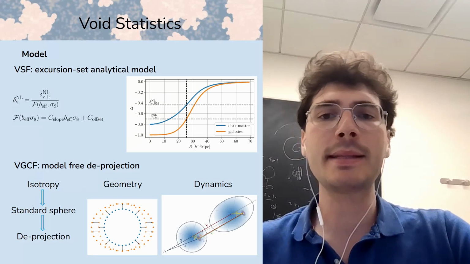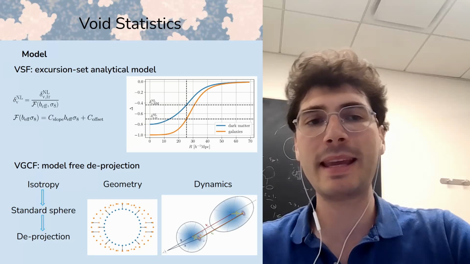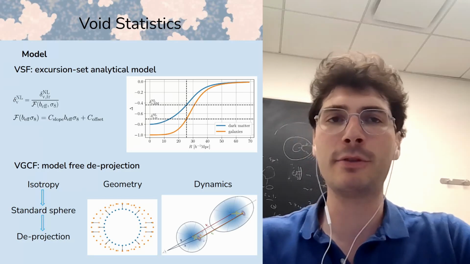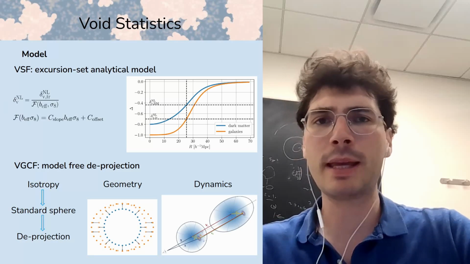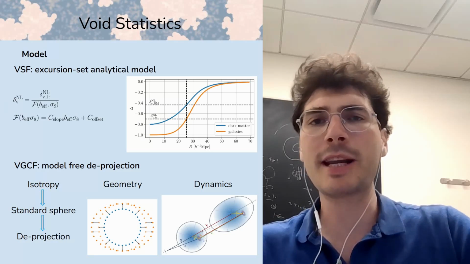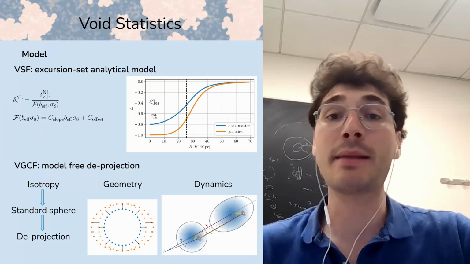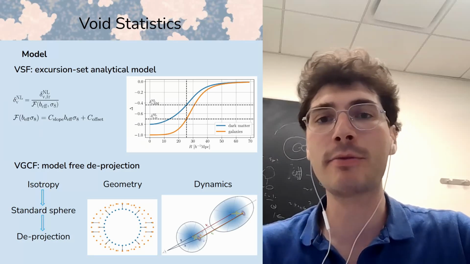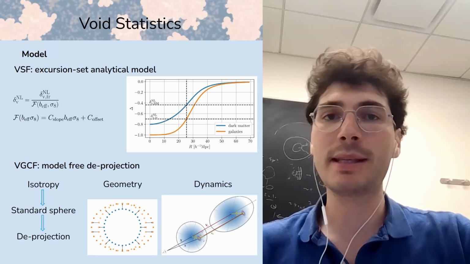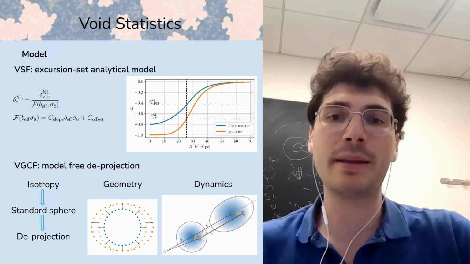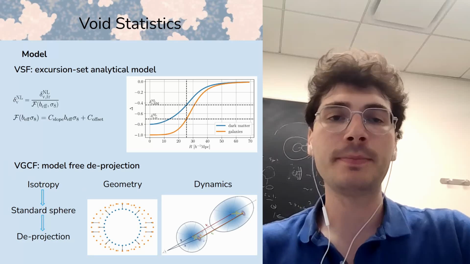In this analysis, we assume that the velocity field in and around voids follows linear dynamics. As a last assumption, we assume that the relation between galaxy density contrast and matter density contrast in and around voids can be described by a linear bias relation. Both these assumptions have been widely verified in the literature.